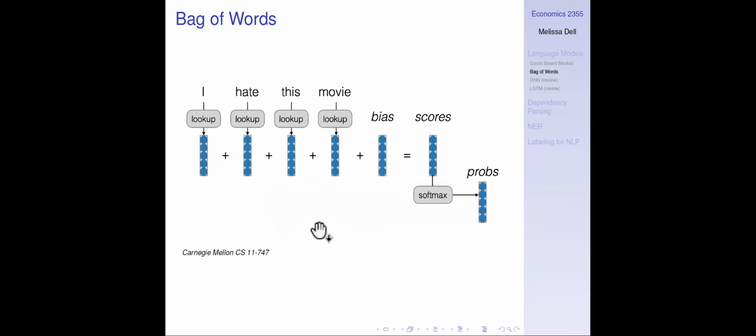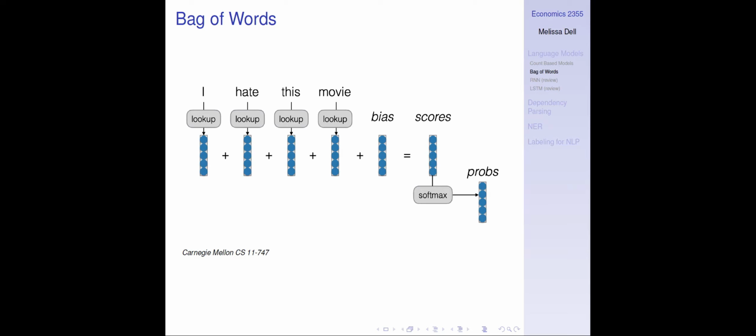So to see that in a picture, suppose you're doing sentiment classification on movie reviews, and somebody writes, I hate this movie. So you want to classify that as very negative, right? Let's say you have 5 categories: really dislike, dislike, neutral, like, really like.